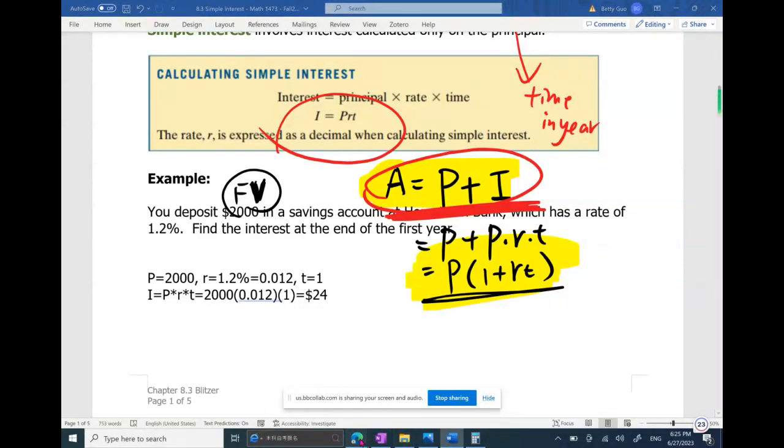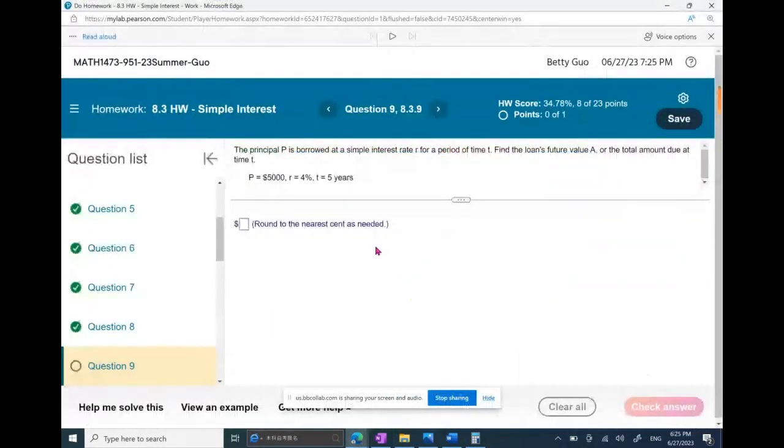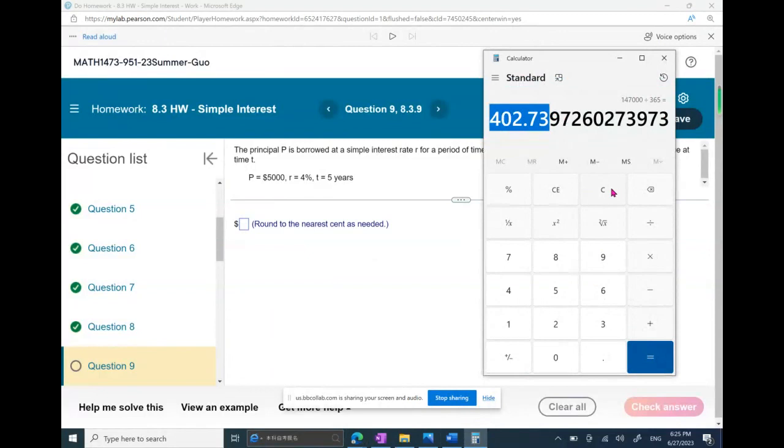With that said, let's see how we process this problem. We are looking for the future value. In order to know the future value, let's find the simple interest first. By the simple interest formula, I equals P times R times T. So 5,000 times 4%, 0.04, times 5 years.